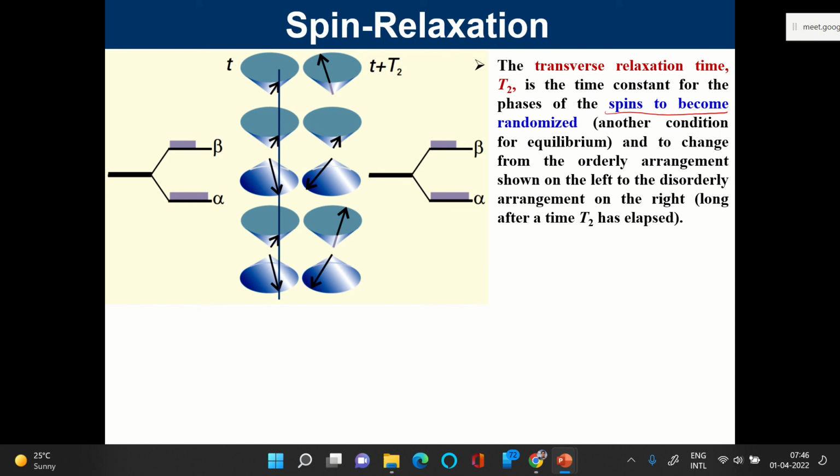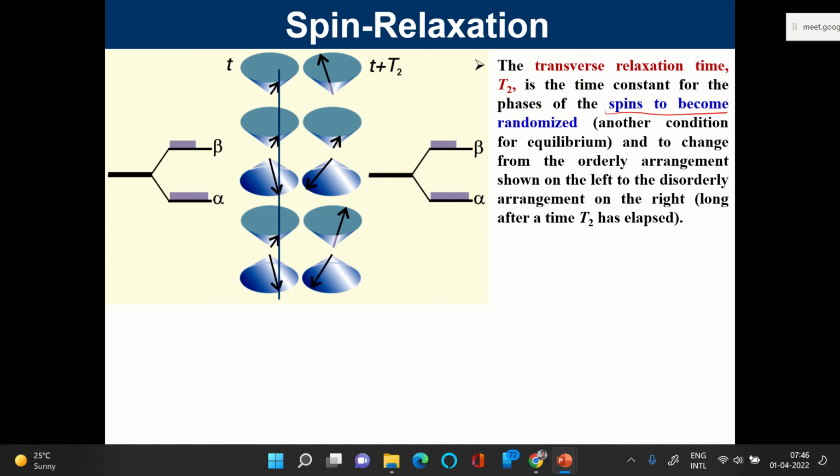Previous T1 was the time to change the population from beta to alpha, so change in alpha-beta population, that was T1. And randomization of the spins, the way we have talked about, aligned then not aligned, this randomization of the spin is time T2, transverse relaxation time.